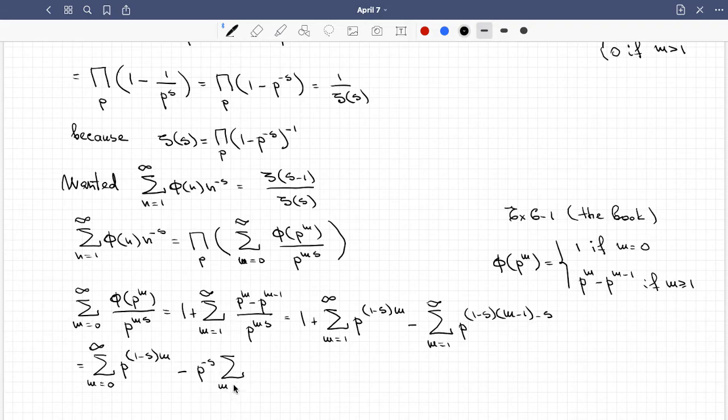The sum becomes 0 to infinity of p to the 1 minus s, m, which is, the two sums are the same, 1 minus p to the minus s times the sum from 0 to infinity of p to the 1 minus s, m.